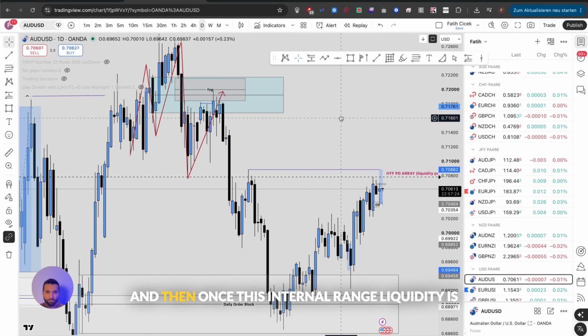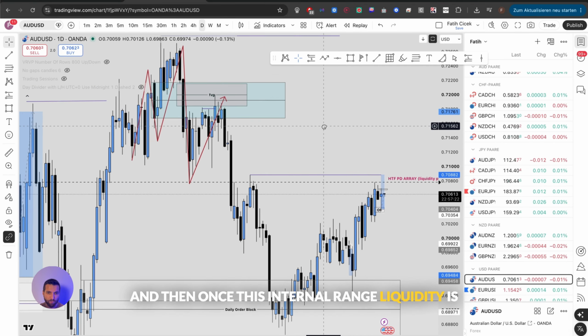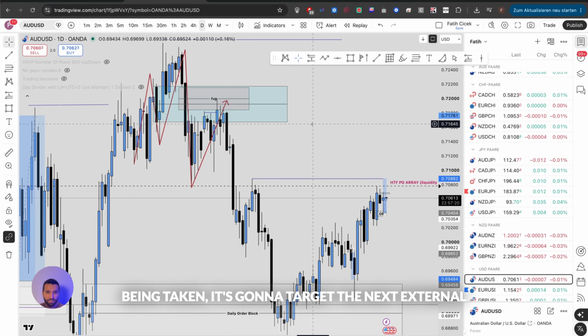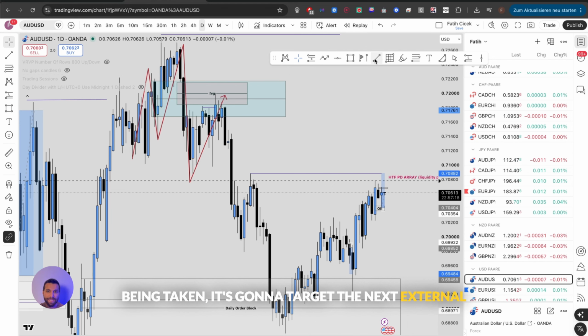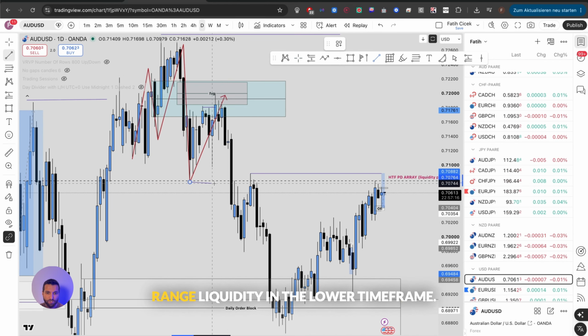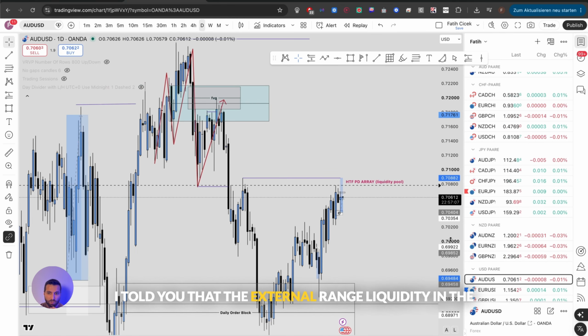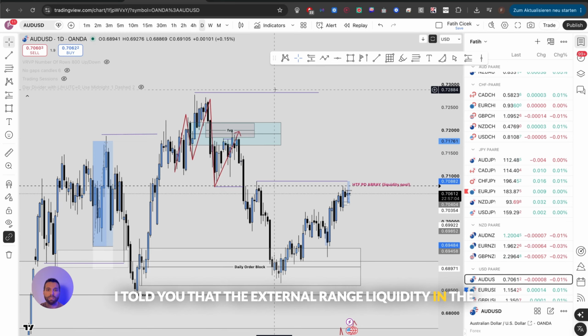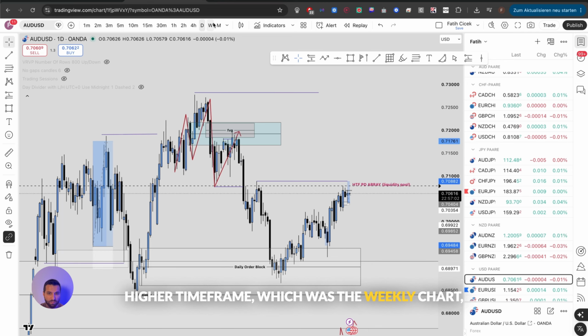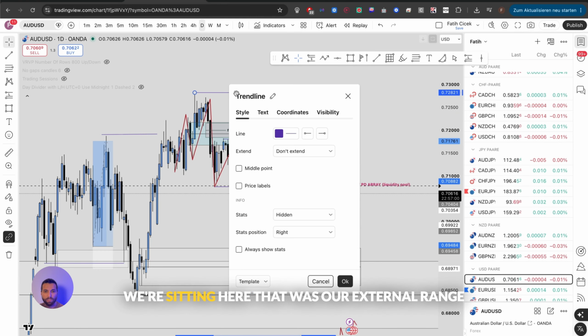And then once this internal range liquidity is being taken, it's going to target the next external range liquidity in the lower time frame. Now this is very important, guys. I told you that the external range liquidity in the higher time frame, which was the weekly chart, was sitting here.